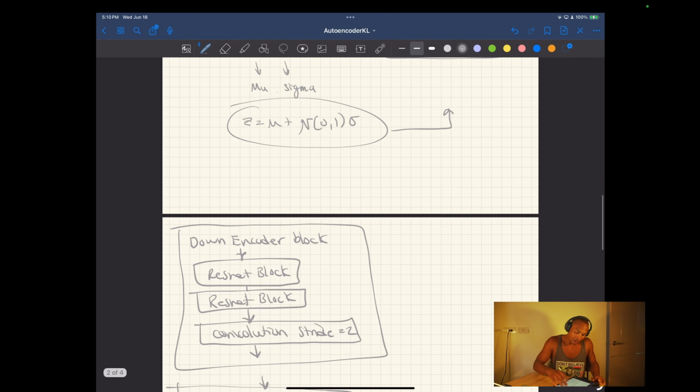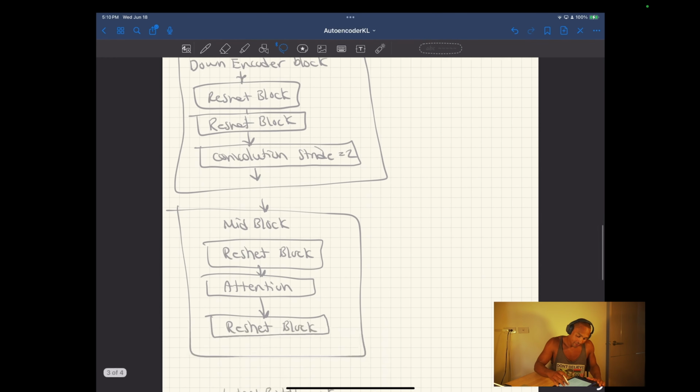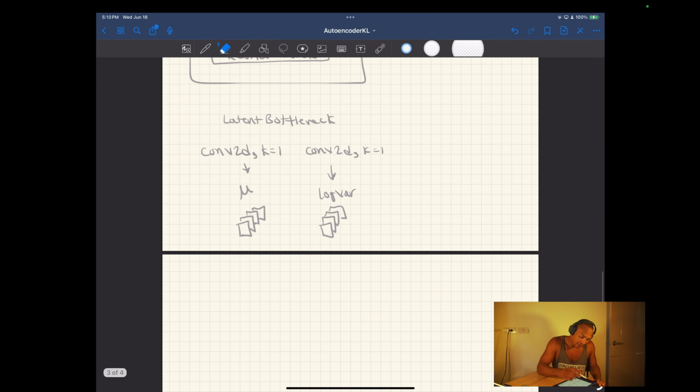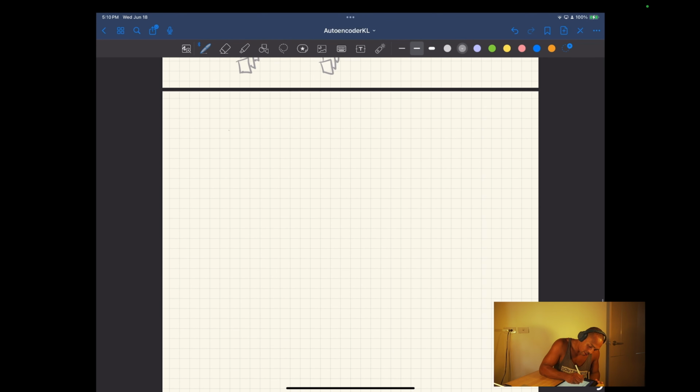And then a decoder block. Decoder block is just going to be upsample. This is going to be using nearest neighbor upsampling, which is pretty straightforward.